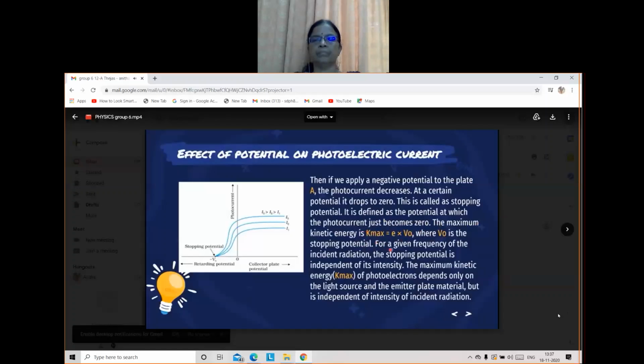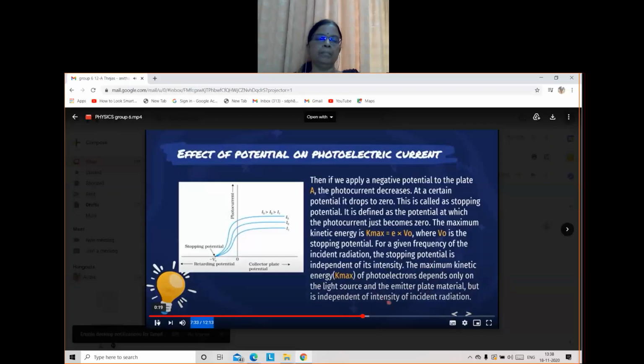For a given frequency of the incident radiation, the stopping potential is independent of its intensity. The maximum kinetic energy Kmax of the photoelectron depends only on the light source and the emitter plate, but is independent of intensity. That point I will explain.